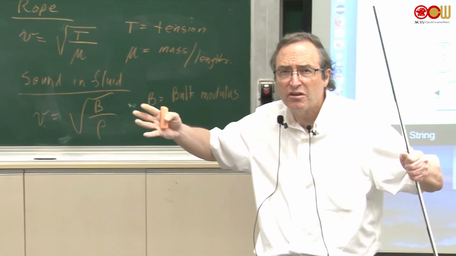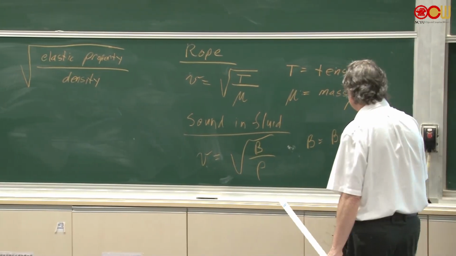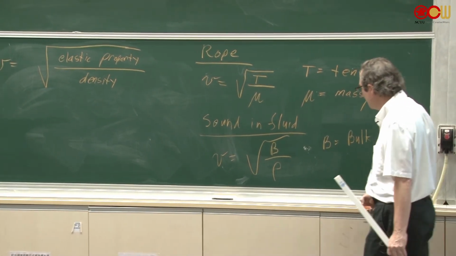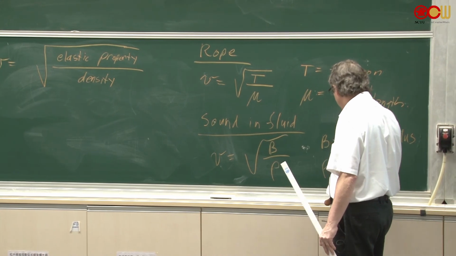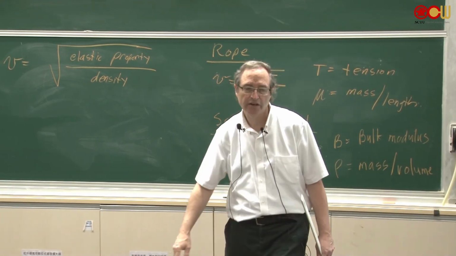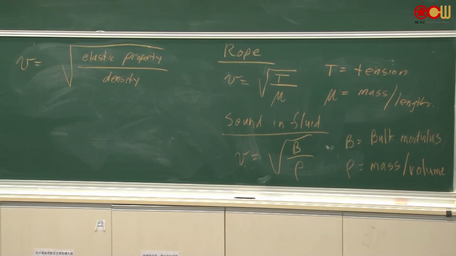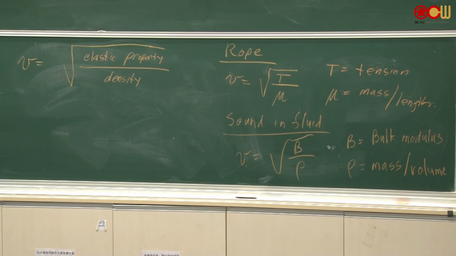So you squeeze on the fluid, how much does the volume change? So that's an elastic property called the bulk modulus. And rho is just the mass density, mass per unit volume. So our textbook, I think, derives at least one, maybe both of those, if you want to see how it's derived. So that's how the velocity, the speed of the wave, is determined, all right?